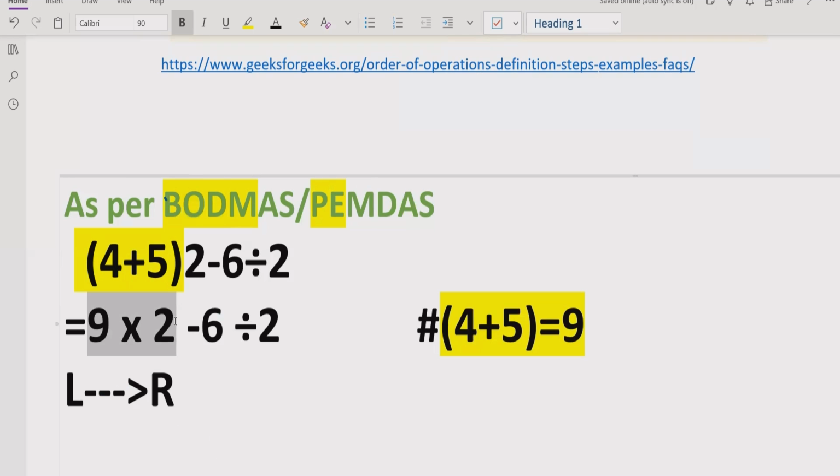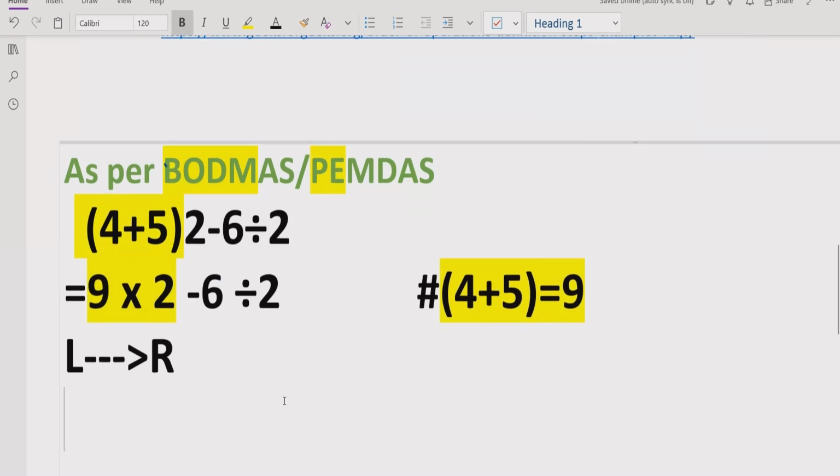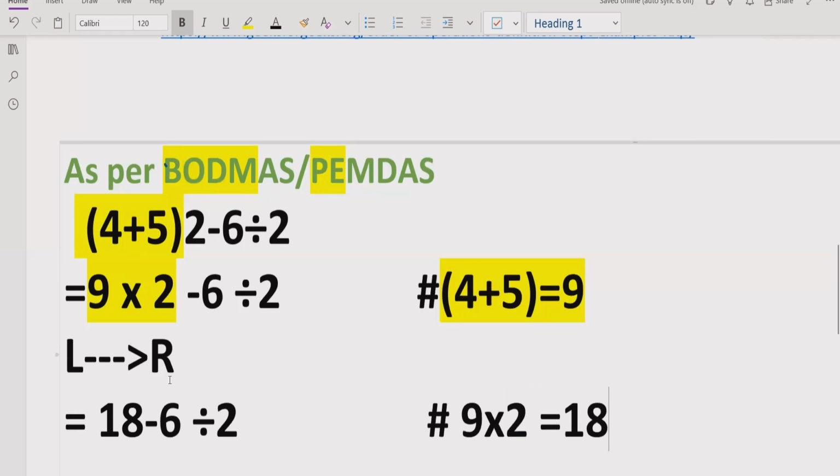So here the first operation is 9 multiplied by 2. We solve this part first. So 9 multiplied by 2 is equal to 18. Again, we write the other part as it is, and here we give the reference: 9 multiplied by 2 equals 18, right?